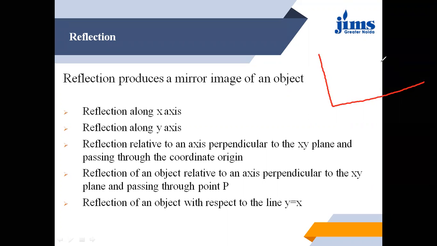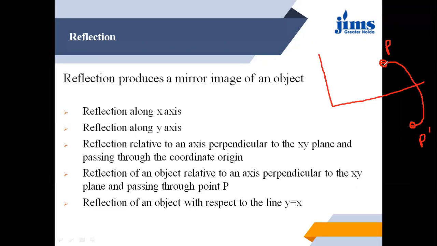I have an object over here. Then I can reflect this object with respect to the x-axis. Suppose this is P, now this is P dash.